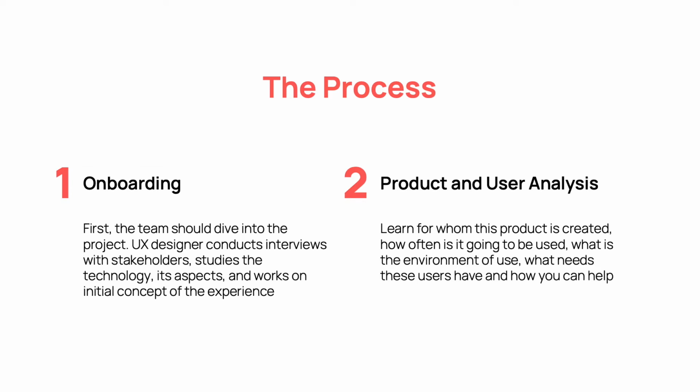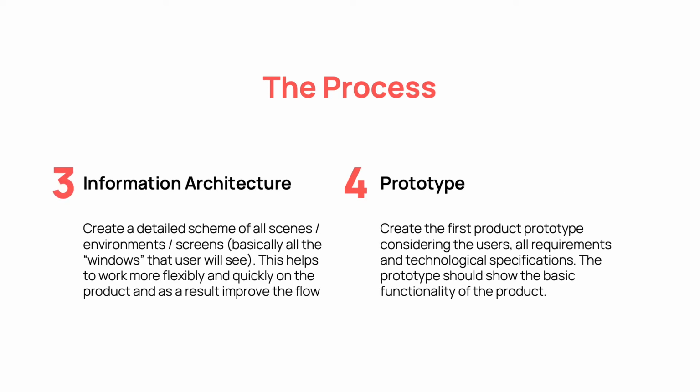And design is actually step 3. It's called information architecture. It's where you create the first design prototype, the first basically scheme. It's like the slides in a photo album. So all the scenes, all the environments, and all the screens of your experience, basically everything that you have in your head, you need to put on paper, or in an augmented reality scene, or for example, 3D prototyping environments.